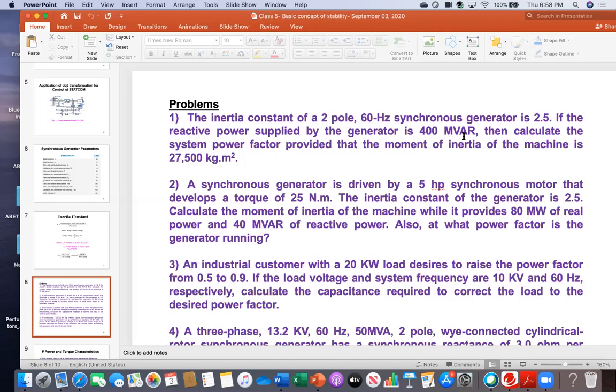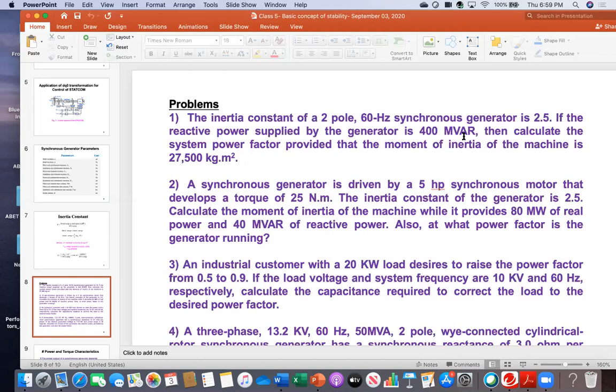The formula is P equal to torque multiplied by omega, where P is in watts, omega is in radian per second, and torque is in Newton meter. Once you get omega in radian per second, you convert into RPM by multiplying by 60 and dividing by 2 pi. That is your RPM.